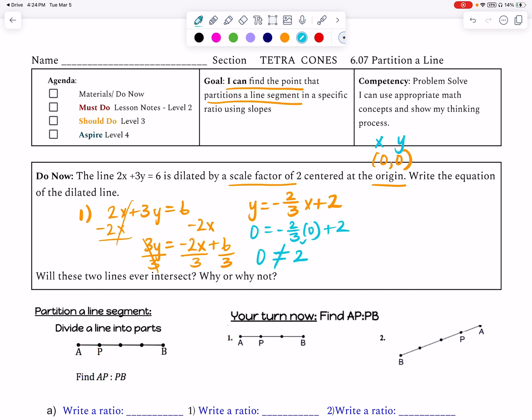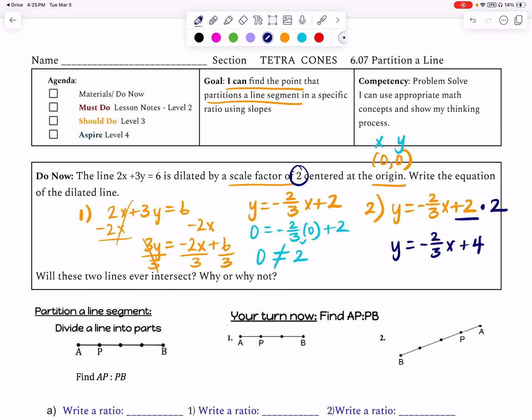So since this point is not on the line, we just multiply the y-intercept. I'll rewrite it. I just multiply the y-intercept times the scale factor, which is 2. So when I rewrite it, my final answer is y equals negative 2/3 x plus 4. 2 times 2 is 4.